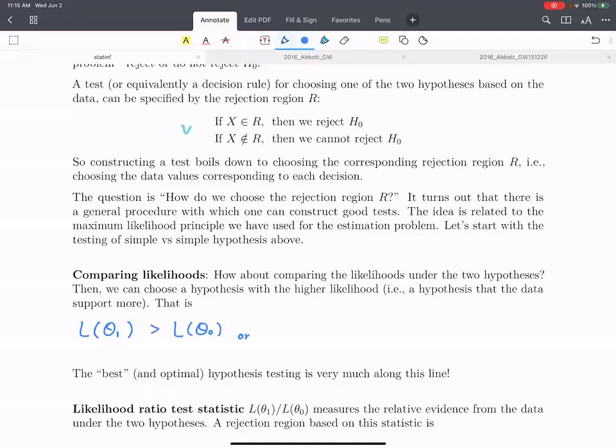Or equivalently, the likelihood at theta 1 over the likelihood at theta naught is greater than 1. The same equation, right? The meaning of this inequality is that theta 1 is more likely to have generated the data you have on your hands.